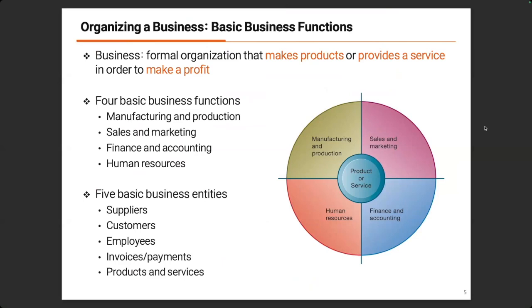And also they have to control and maintain invoices and payments. These are among the most important things for a business to focus on, and products and services as well. So these 4 basic business functions and 5 basic business entities comprise one business firm.